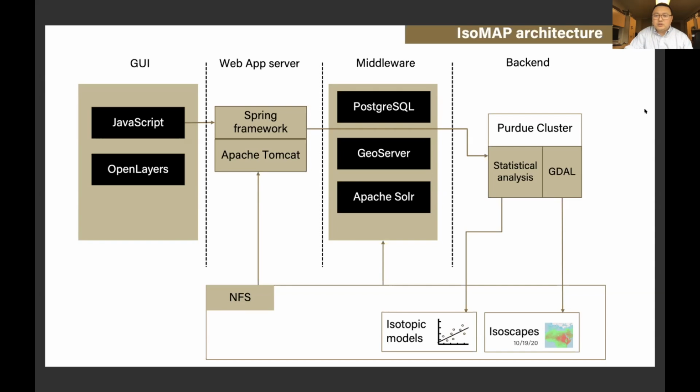The Apache Solr search engine is used for users to search the models they want to use for generating a prediction map. It allows users to search by model type, spatial condition, temporal condition, or even the case number and so on.